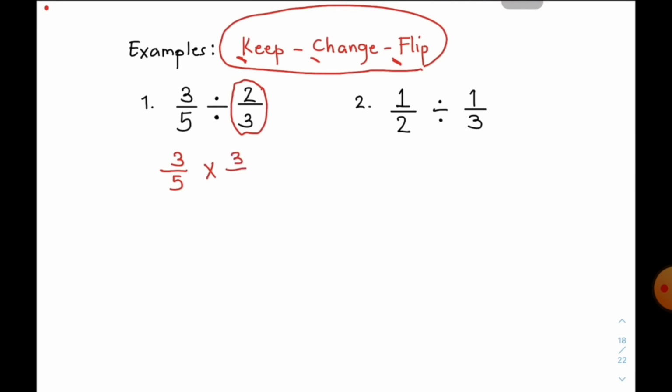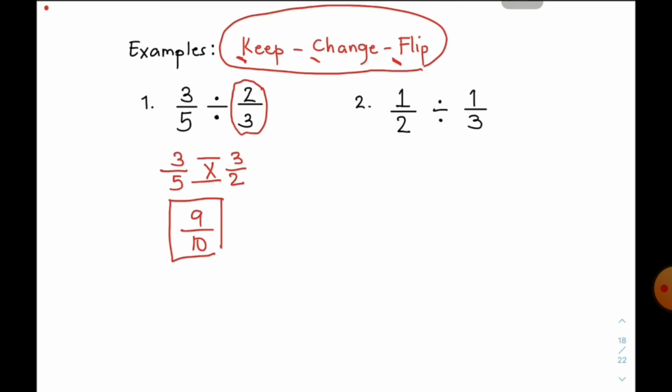So ito ay magiging 3 over 2. Okay? So 3/5 times 3 over 2. So proceed to multiplication. 3 times 3, we have 9. Then 5 times 2, we have 10. So our final answer is 9 over 10.